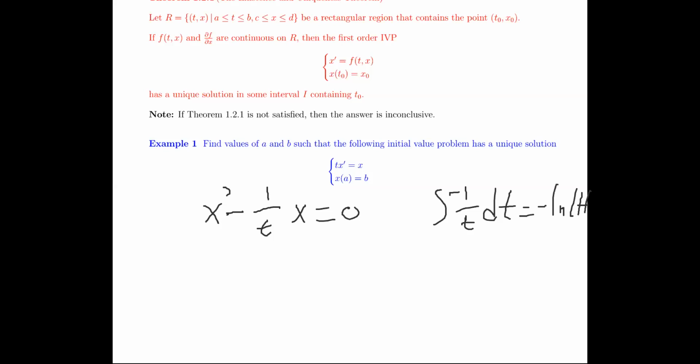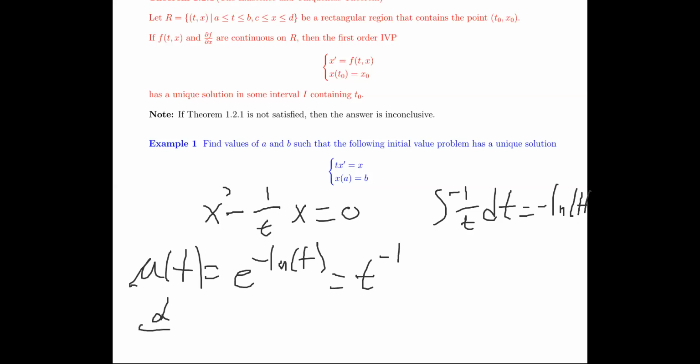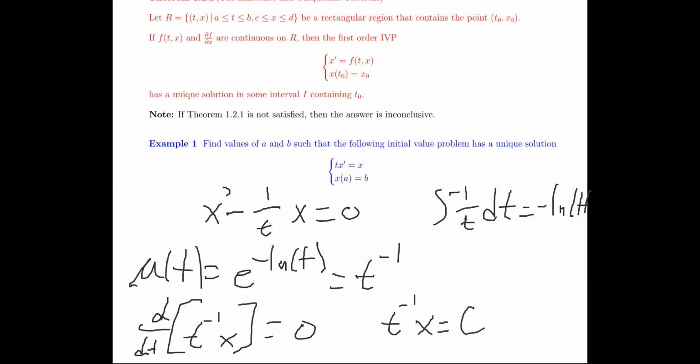And so the integrating factor is e raised to the negative ln of t, which is t to the negative 1. So the left-hand side becomes d/dt of t to the negative 1 times x is equal to 0. We integrate both sides, and this is t to the negative 1 times x is equal to some constant c.